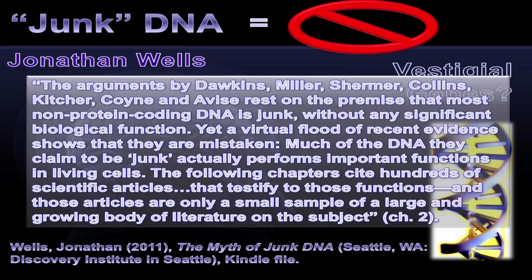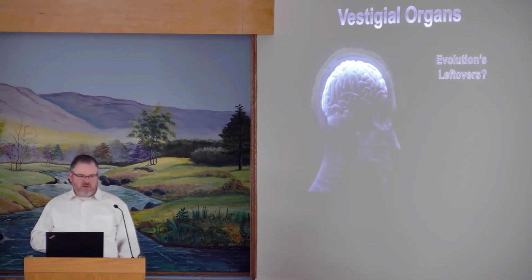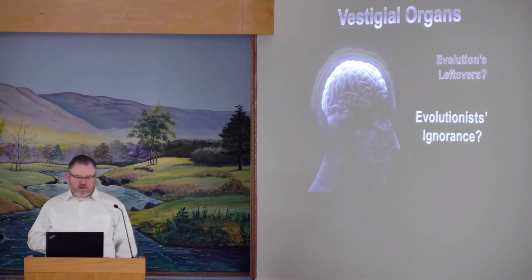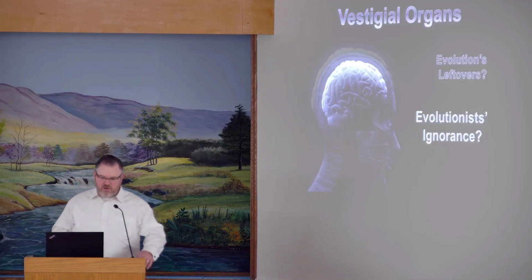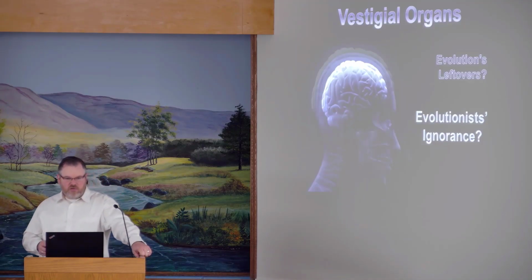So the evidence against the junk DNA argument is growing by leaps and bounds, and as was the case with vestigial organs, the more we actually learn about the genome, the more we discover that the universe has been intricately designed with specific purposes in mind for all of the features of the human body. So in truth, there are no vestiges from evolution, because as we've already seen, evolution is not in harmony with the evidence.